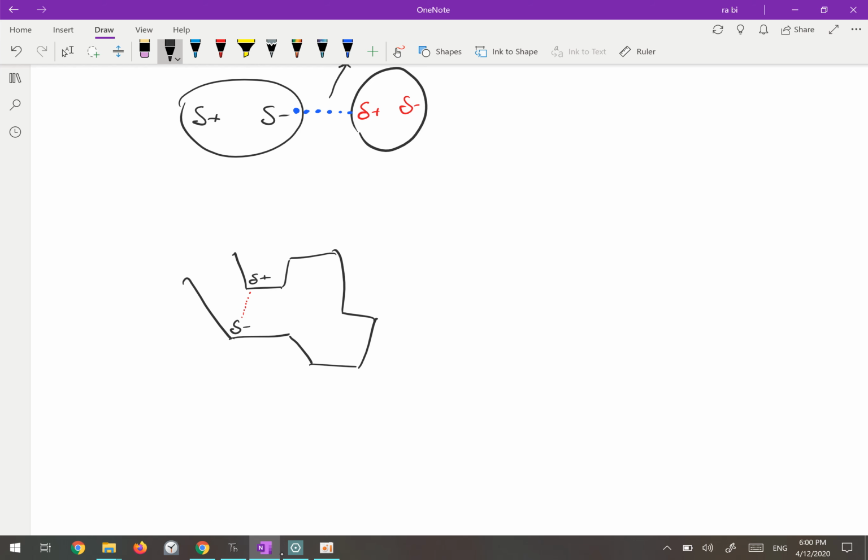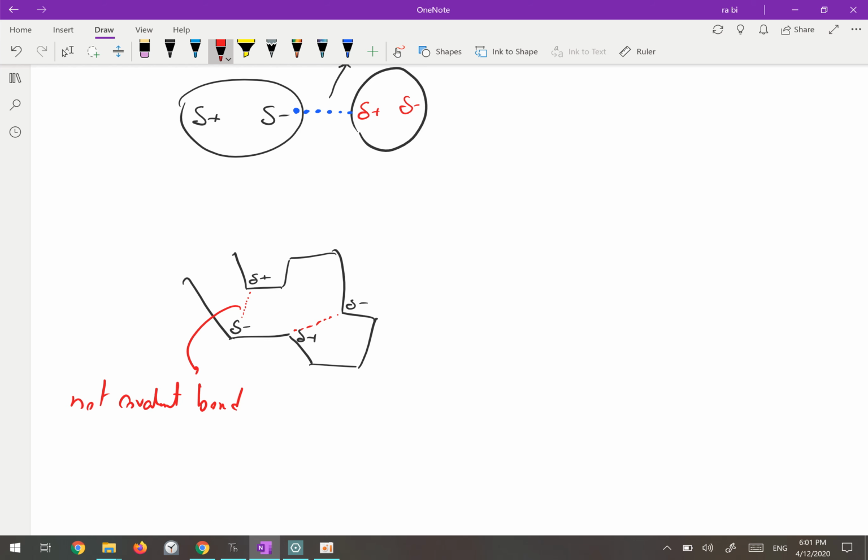So it can be anywhere. For example, suppose this area is partially negative, this area is partially positive, you can have attraction between these two areas of the molecule. So here we have van der Waals forces within the molecule, intramolecular attraction, but this is not a bond. It's not a covalent bond.